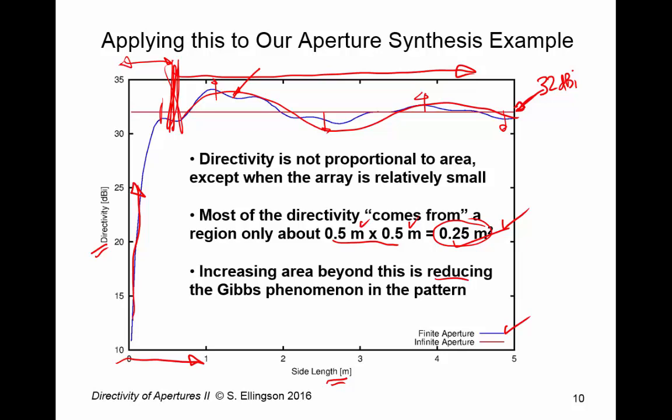We may feel strongly that we want the best possible looking beam. And if that's the case, then there's good reason to make the aperture larger and larger. But if you're not so concerned about the directivity being utterly constant over the sector, then this would be a foolish thing to do because you're simply making the array larger.